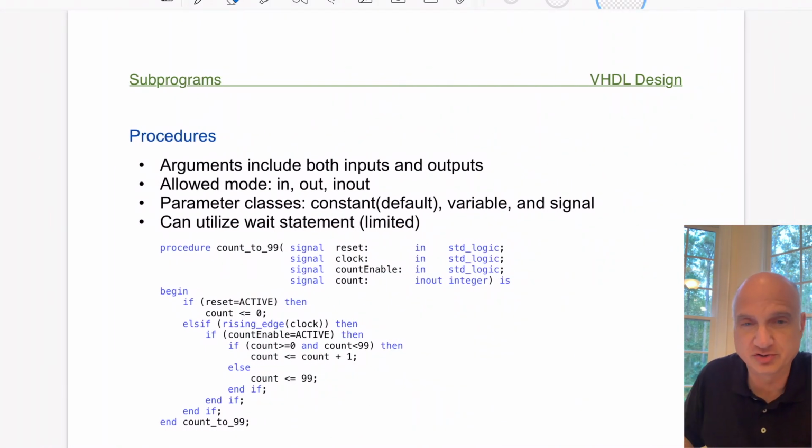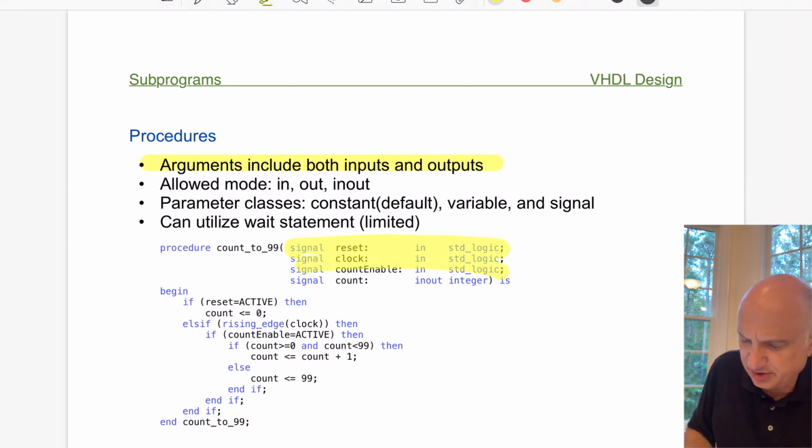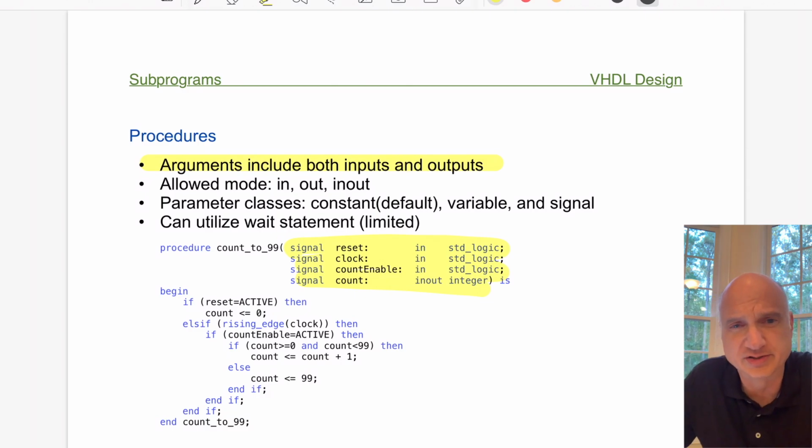Now, procedures structurally are very different from functions. In fact, in a procedure, it kind of looks a lot like a process does. The arguments in the procedure include both the inputs and the outputs. And so if you look here at the argument list, you'll notice that it resembles, not a process, but an entity declaration, right?